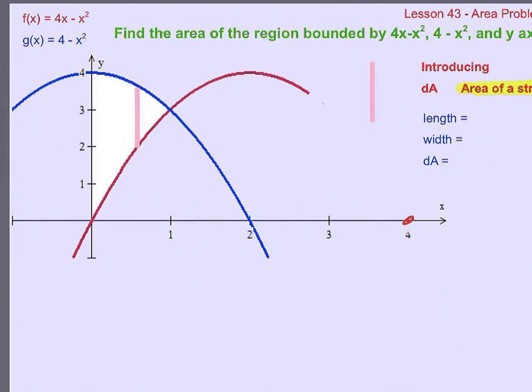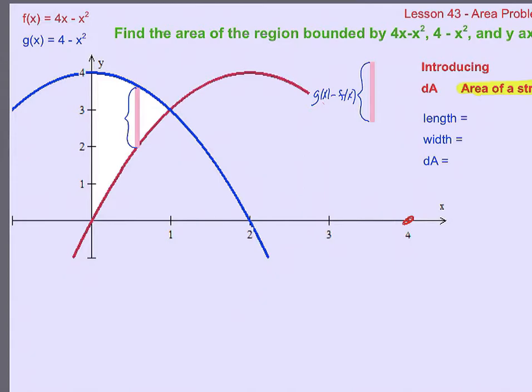If I want to talk about the area of that rectangle, I need to talk about the two dimensions of that rectangle. The first one, the length of that rectangle, would be the same as that distance, which is the distance between g of x and f of x. Or you could say it's g of x minus f of x.